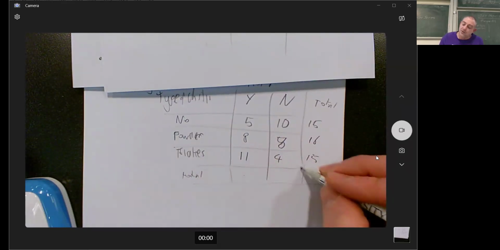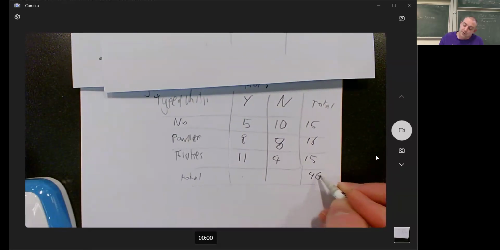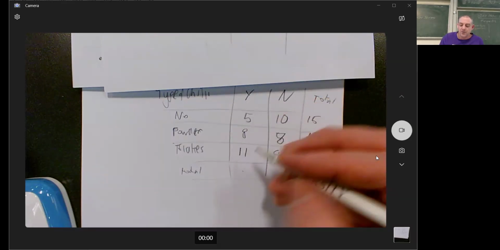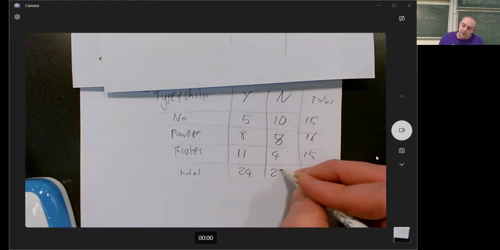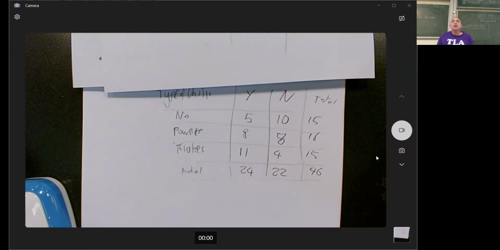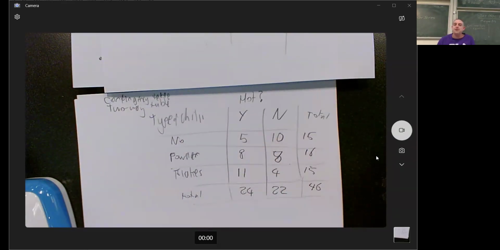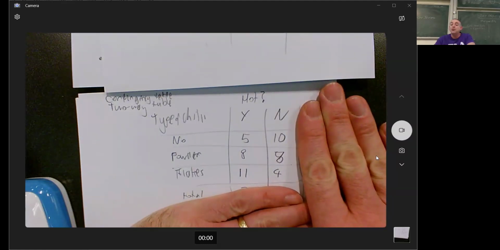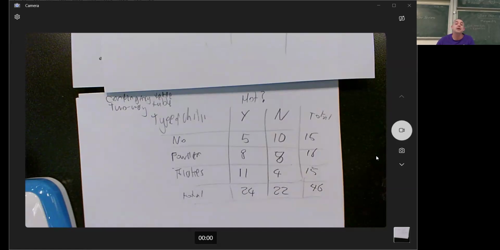And so they'll often be totals. So this will be 46. What's this? 19 and 5 would be 24. And that would be 22, like that. Okay. So this is the contingency or two-way table. Sometimes you're given it like that and you have to find the totals yourself. Sometimes the totals are put in already.